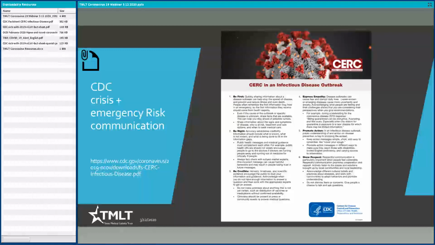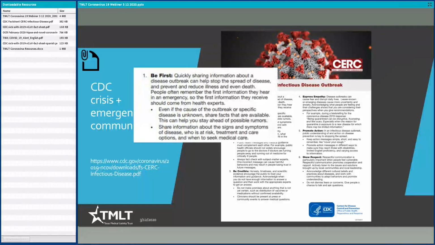So let's start by looking at the CDC's Crisis Emergency Risk Communication Guidance. This document is one of the downloadable resources and is also available on the CDC website. The 6 steps are very straightforward.